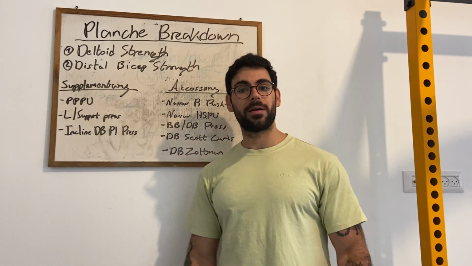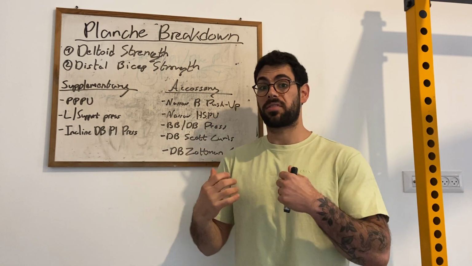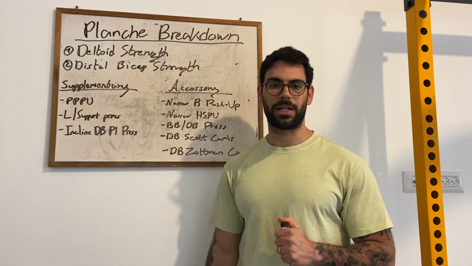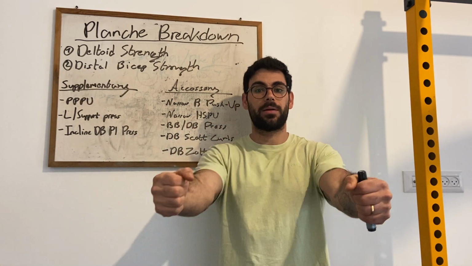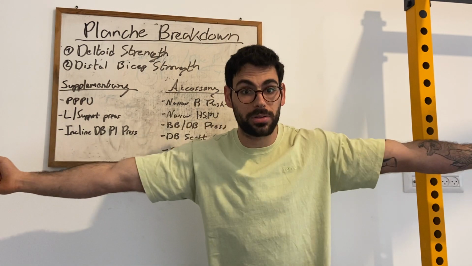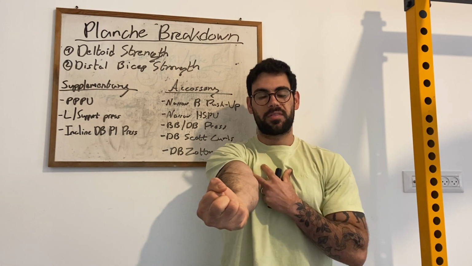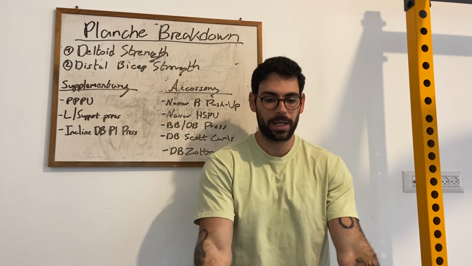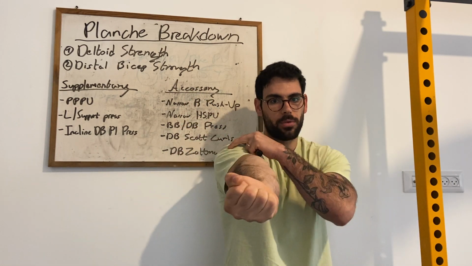If you perform them on the rings, you will target the chest even more, and they will transfer better to ring planche isometric holds, which target the chest more because the rings want to break out as you fall and you have to squeeze them in, which puts more emphasis on the chest, as opposed to parallel bar or floor planche, where you mainly try to resist that motion, which is more dense.